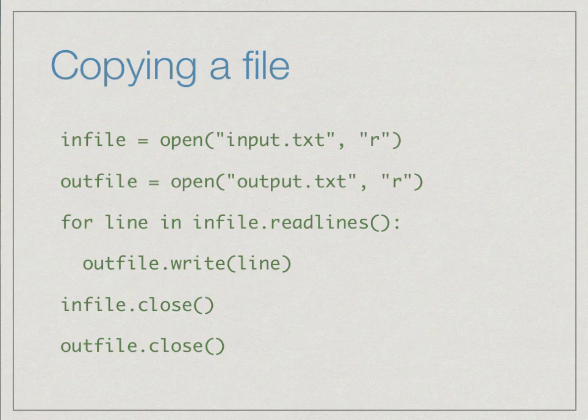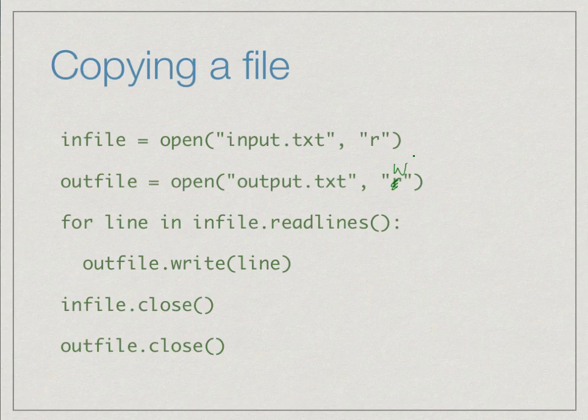So as an example of how to use this line by line processing, let us imagine that we want to copy the contents of a file input.txt to a file output.txt. The first thing that we need to do is to make sure that we open it correctly. So we should open the out file with mode w and the in file with mode r. This says that I'm going to read from the in file and write to the out file.